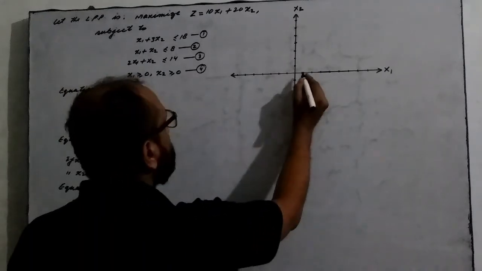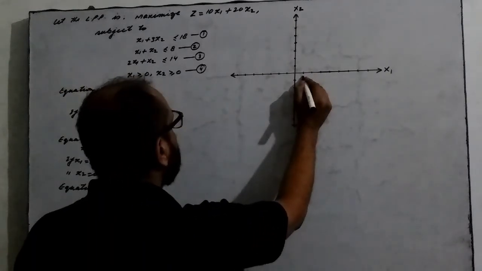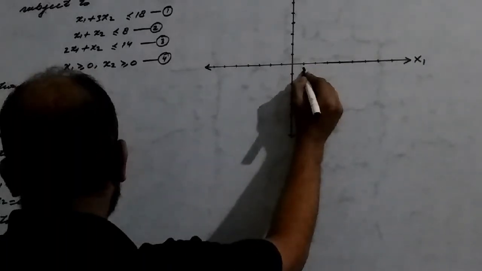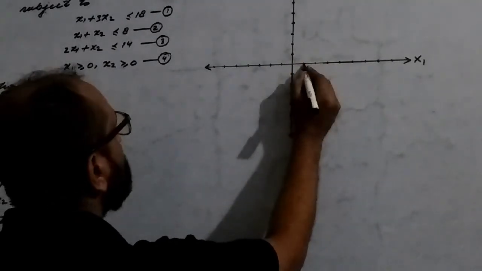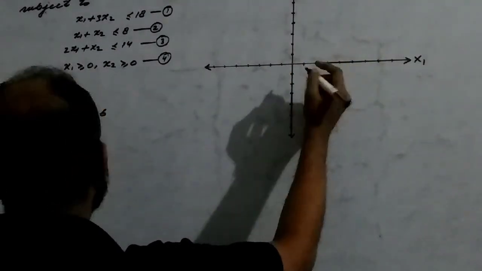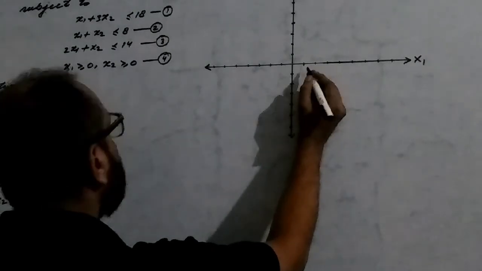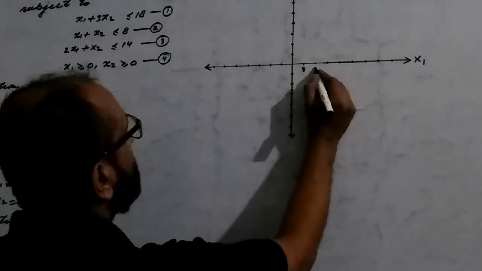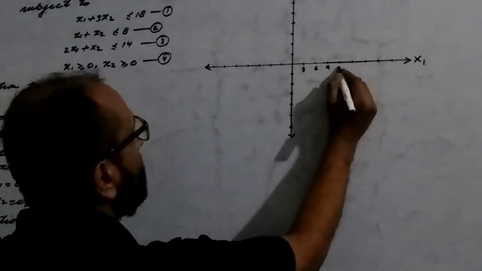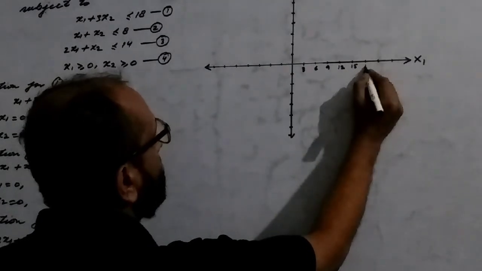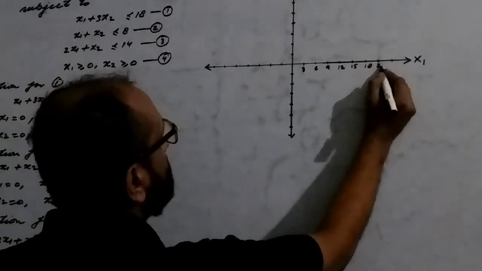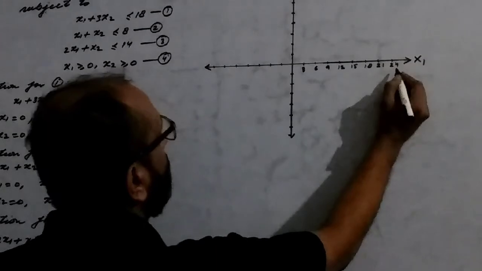So we better take a graduation of 3: 3, 6, 9, 12, 15, 18, 21, 24.